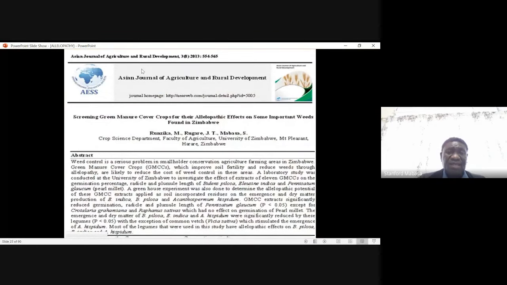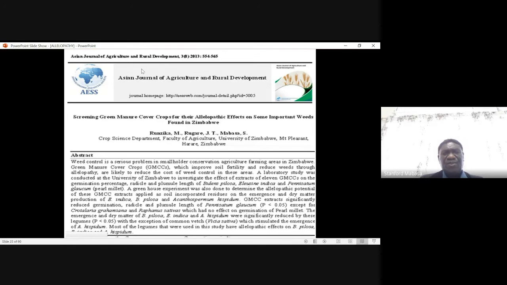Here we've got a paper by Runzika, who was studying green manure cover crops. We know they can supply nitrogen, but at the same time, these green manure cover crops are endowed with allelochemicals, which can also kill some weeds or other plants.